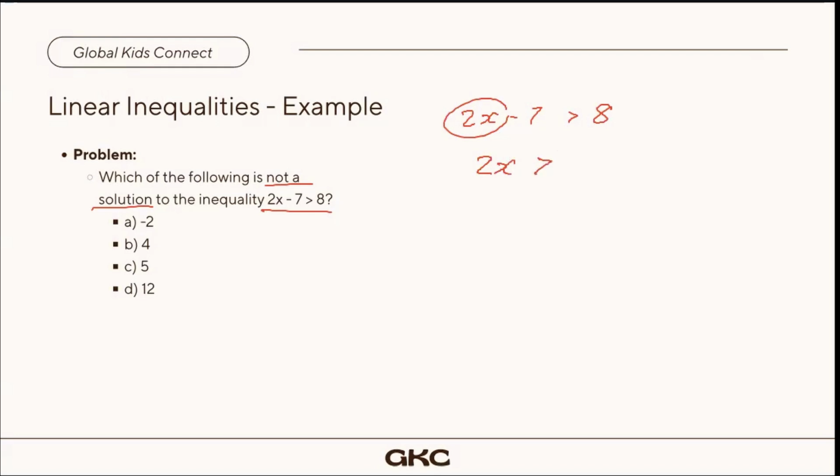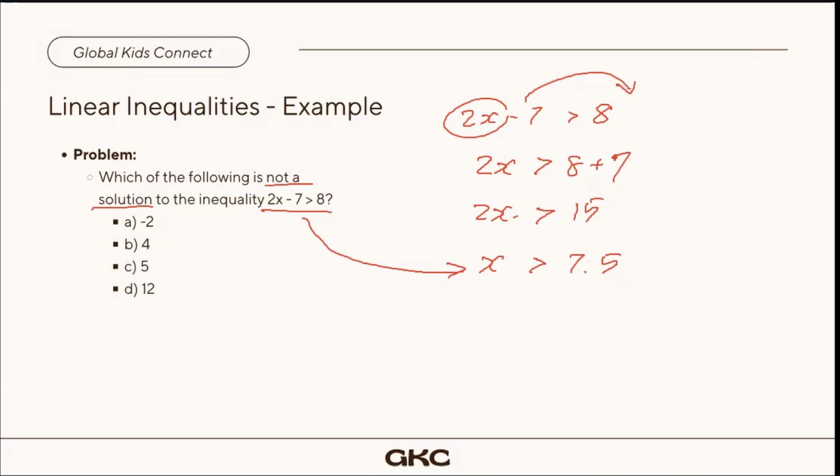Keep the inequality sign as it is, but we will move the negative 7 to the right so that we get a plus 7, so that we get 2x is greater than 15, or x is greater than 7.5. So we re-expressed our initial inequality from this to this, so that we isolated the x variable. Knowing this, every value of x must be greater than 7.5 in order for this inequality to be true.